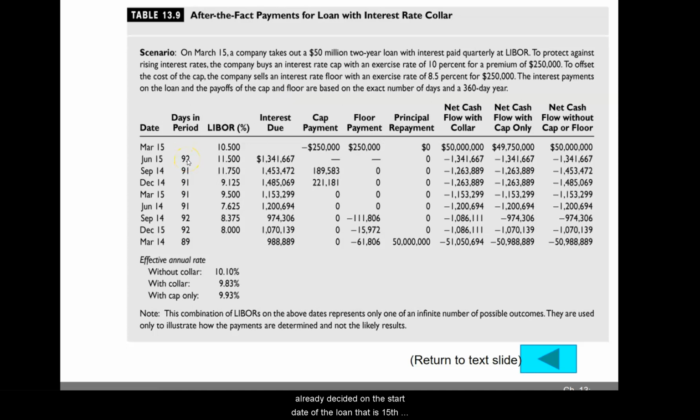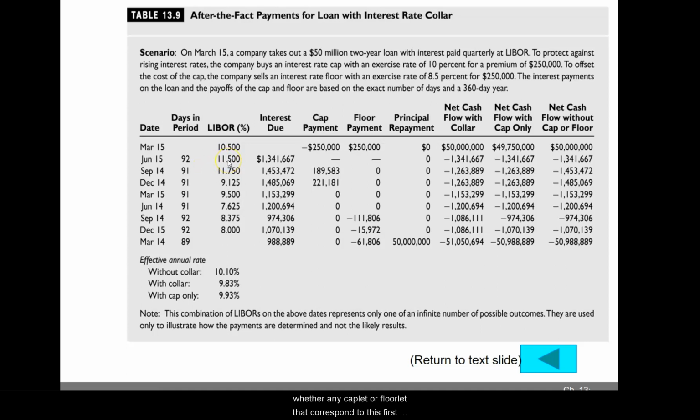Now, on June 15, 92 days, that is the first quarter, has 92 days in it. The LIBOR is 11.5%. So we have to compare this against the exercise rate in the interest rate cap, which is 10%, and the exercise rate in the interest rate floor, to see whether any caplet or floorlet that corresponds to this first quarter is in the money or not.